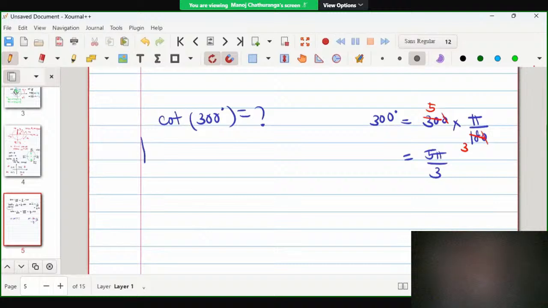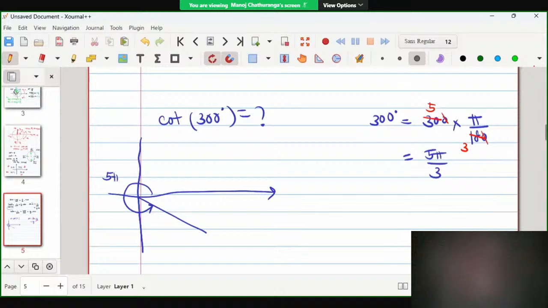Now let's go and draw a Cartesian plane. 300 degrees means 60 short of a full circle. This is pi by 3.